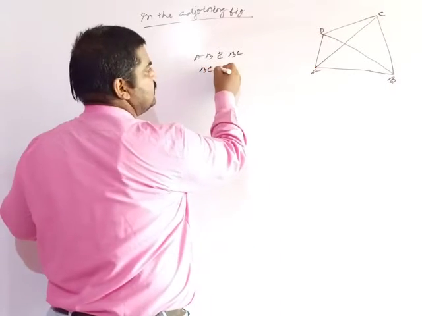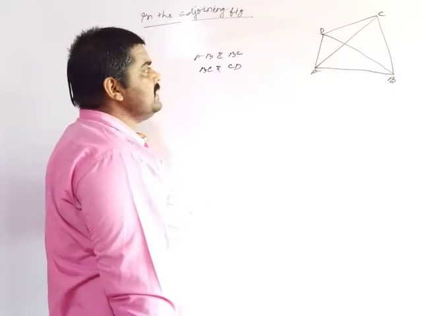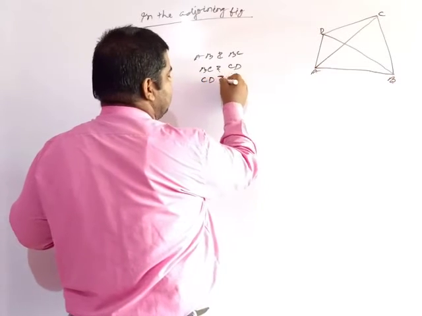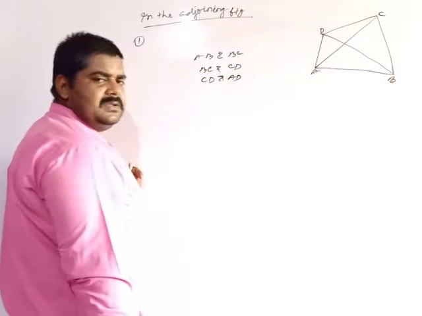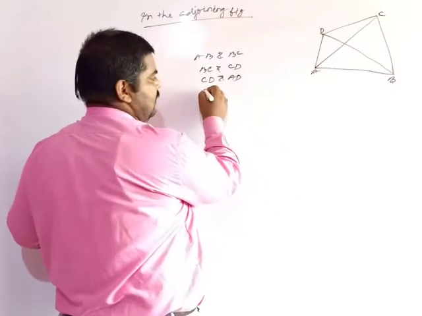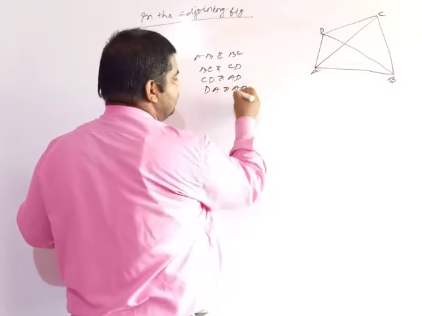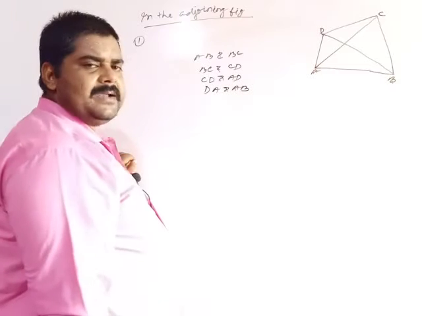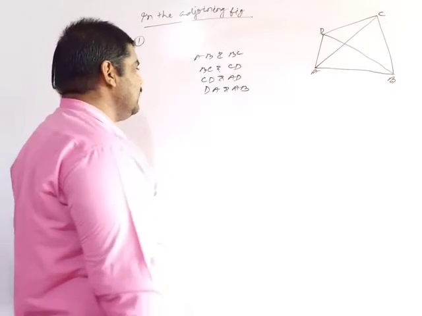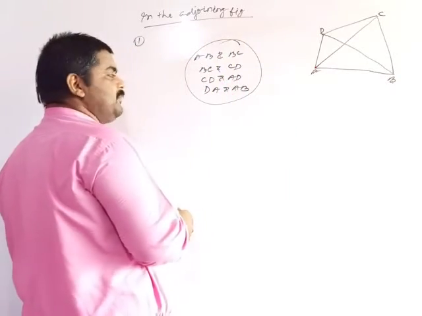BC and CD are adjacent sides because they have a common vertex C. CD and AD are adjacent sides because they have a common vertex D. And the last one, DA and AB, is also a pair of adjacent sides because they have a common vertex A. So how many pairs of adjacent sides are possible?